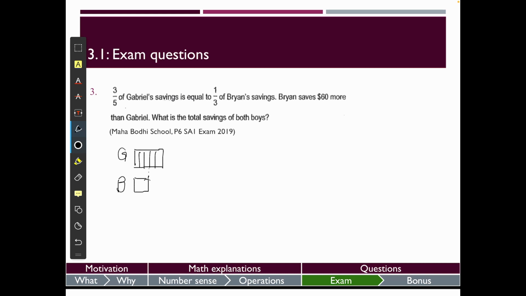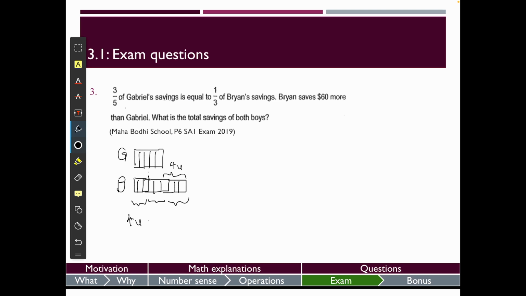3/5 of his savings is equal to 1/3 of Brian's savings. So for the other 2/3, I split them into each 3 also. So as you can tell, the difference in the units here is 4 units.